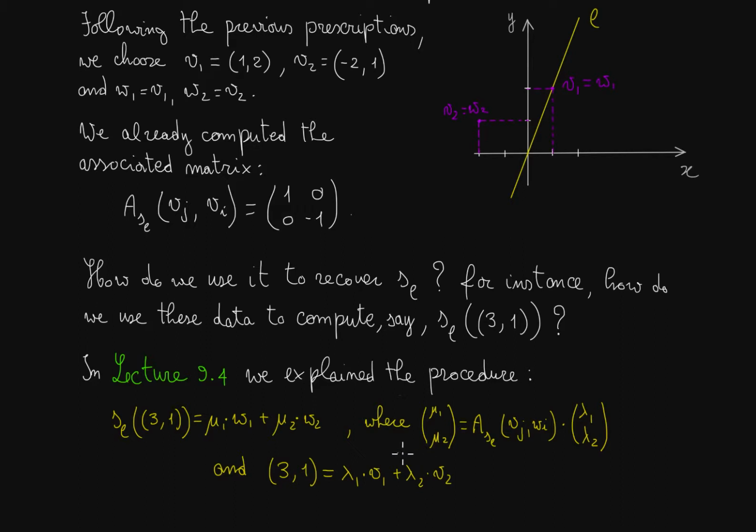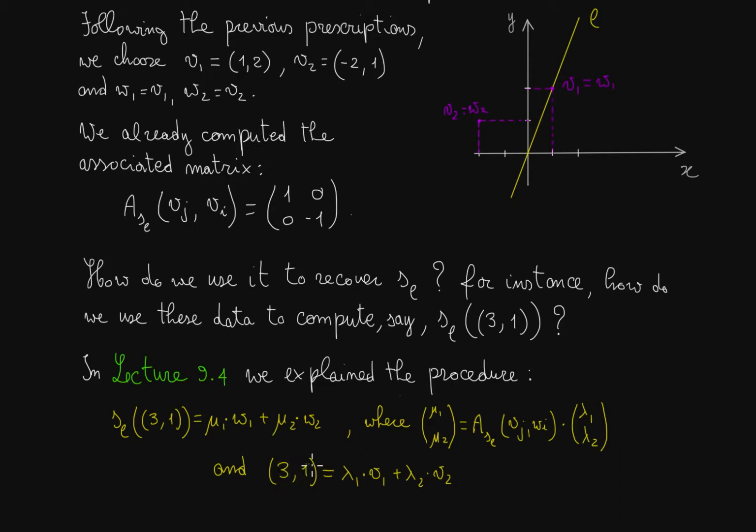Lambda1, lambda2 are the coefficients of the linear combination that expresses the vector in the domain of which we want to find the image, in this case (3, 1), in terms of the basis of the domain.